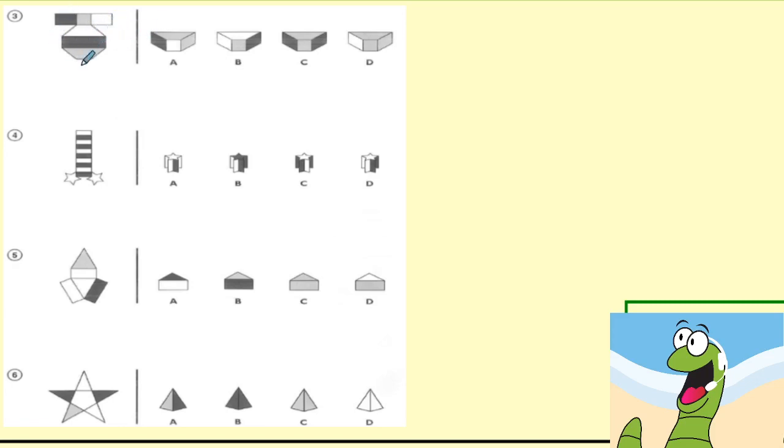So for the light grey trapezium shaped face to be on the top of this orientation, the white rectangular face must be on the left. Oh, it's not. Okay, we've got that one there. Why must it be on the left? Well, if we put it round, we've got the white one. These are badly drawn trapezium shapes here.